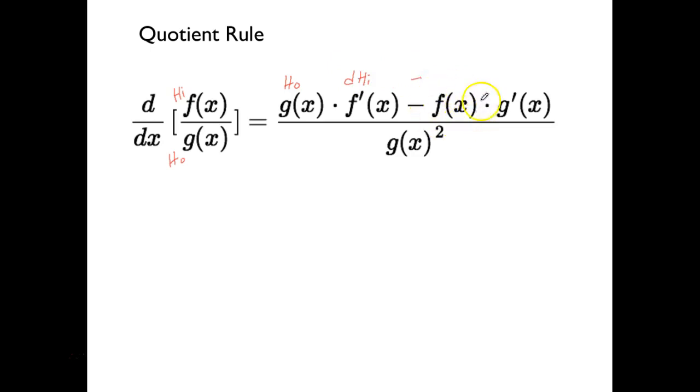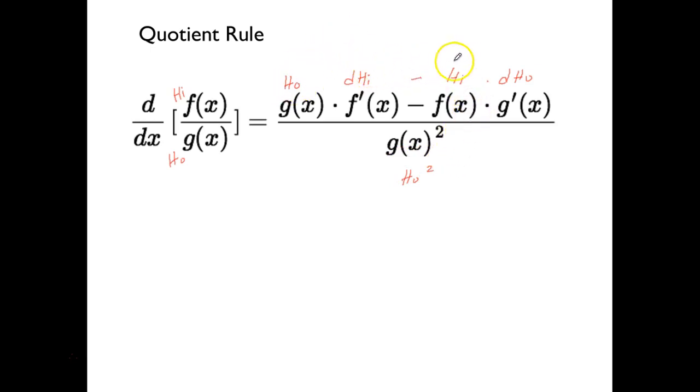Minus, okay, this is going to be the top. I'm just rewriting it. So hi. And the derivative of the bottom, d ho, all over ho squared. Okay, that's the bottom squared. Okay, just look at this. It's ho d hi, derivative of the top, ho d hi minus hi d ho, all over ho squared.